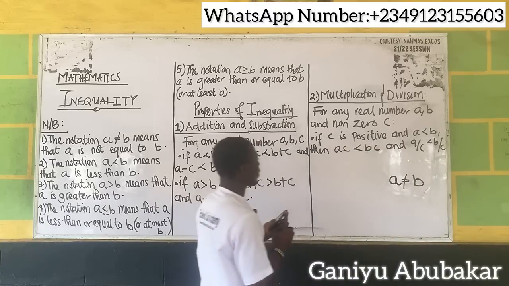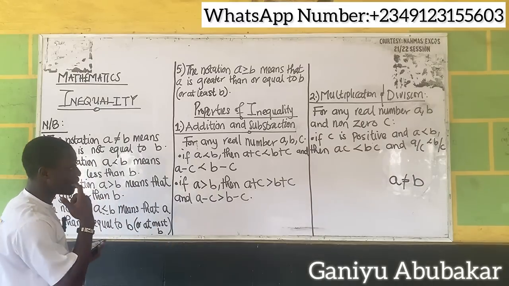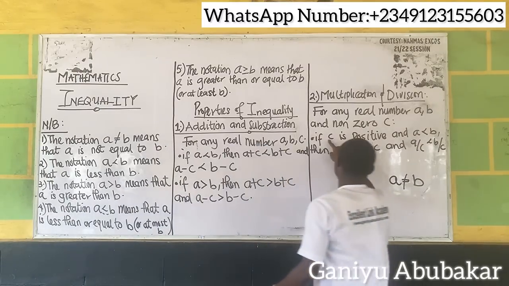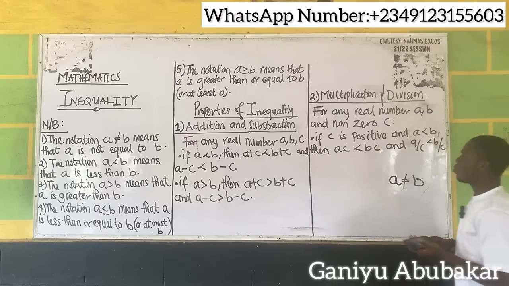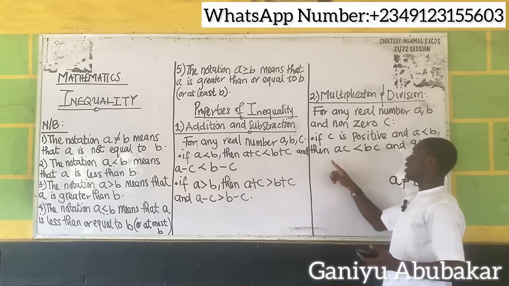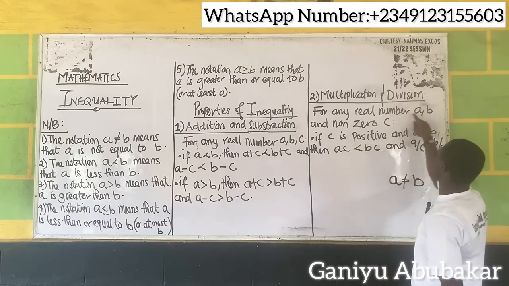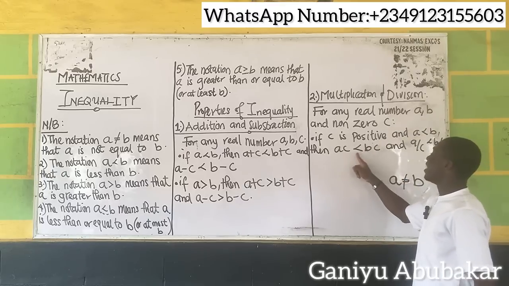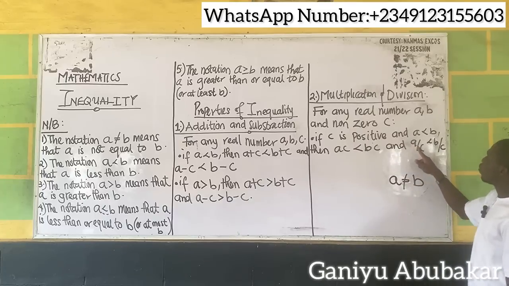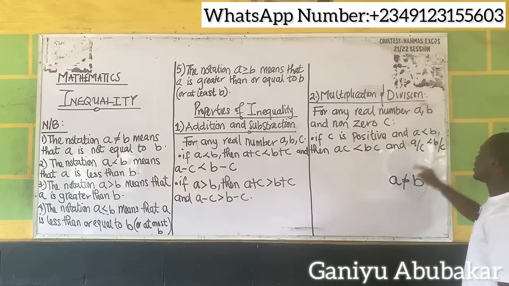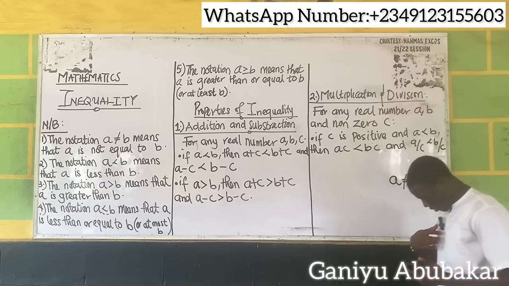My first property to note under multiplication is this, please. If c is positive and a is less than b, then a times c is less than b times c, and also a over c is less than b over c.